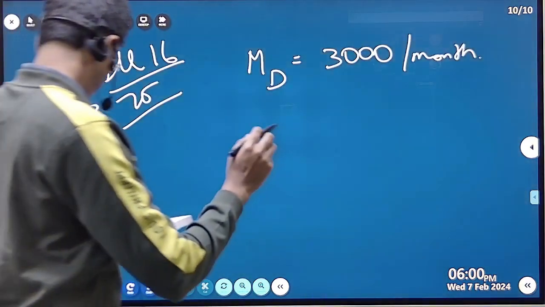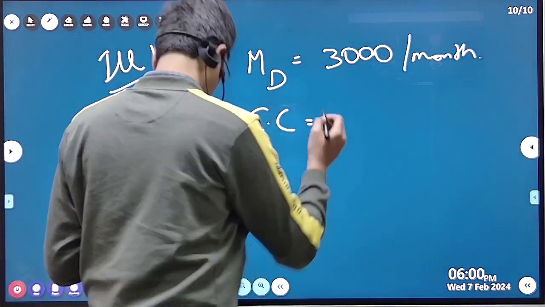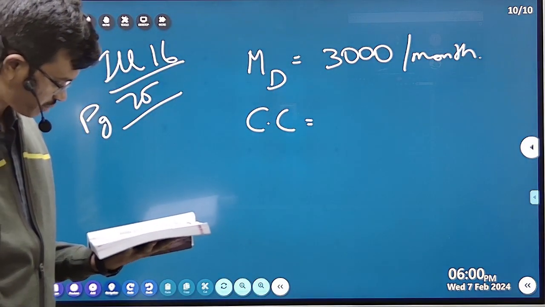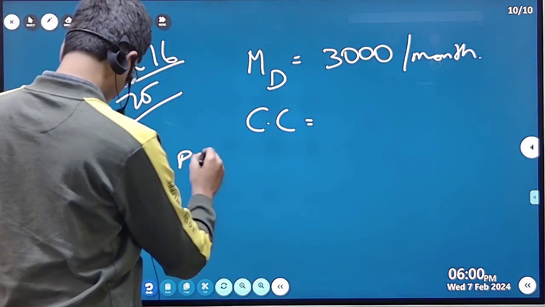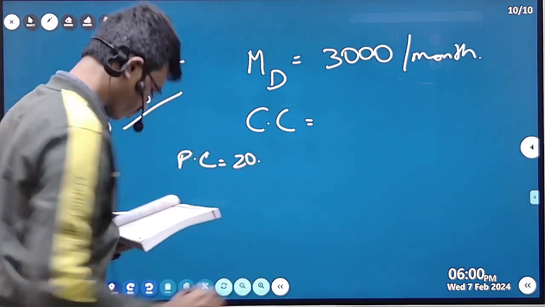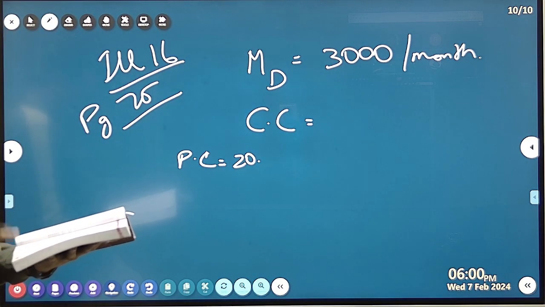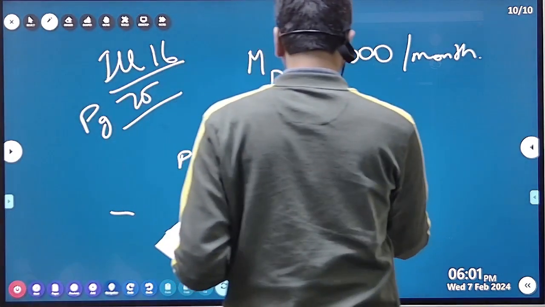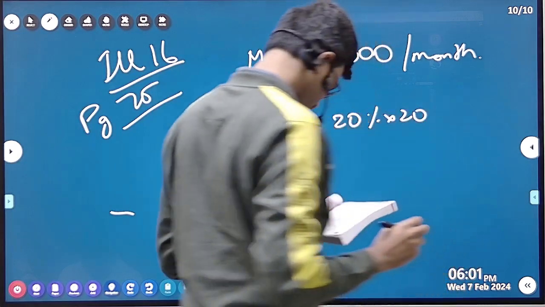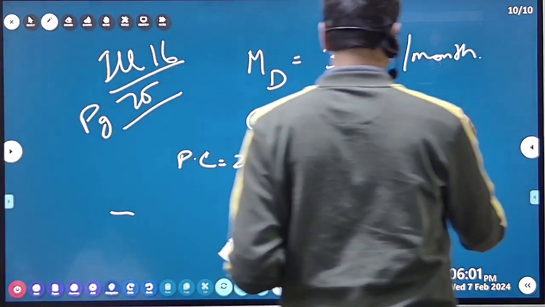Next, he says the carrying cost is estimated to be 20% of the purchase price. The purchase cost is given as rupees 20. He says your carrying cost is 20% of purchase price, so it is 20% into 20, in addition to rupees 2 per unit, so plus 2.